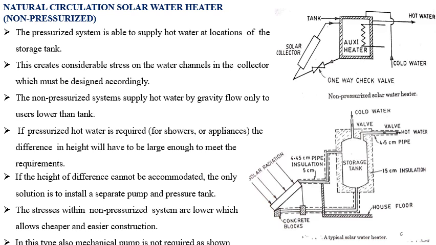In this example, an auxiliary heater is shown, which is very much needed in order to compensate the energy during cloudy conditions. When there is a danger of freezing, the water may be drained from the collector.